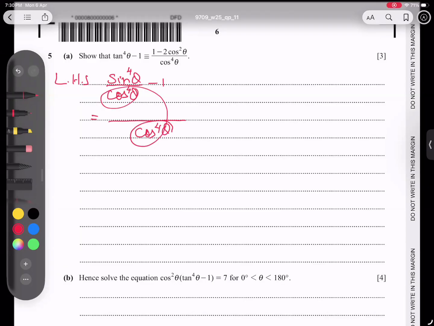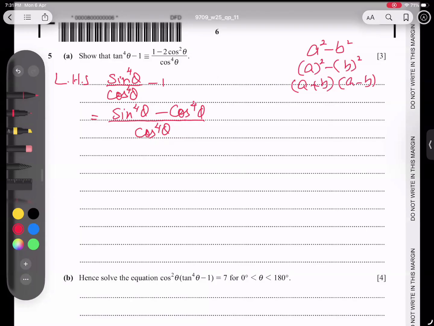This matches, so the upper value sine 4 is copied. There's no match under it, so it will multiply. So we get here cos 4 theta. Now, students, we have to convert into this form. So 4 is not required, the square is required. If you remember the a squared minus b squared property, this is the square of a and this is the square of b. So one time a plus b and one time a minus b. If you multiply these two, you must get the top function.